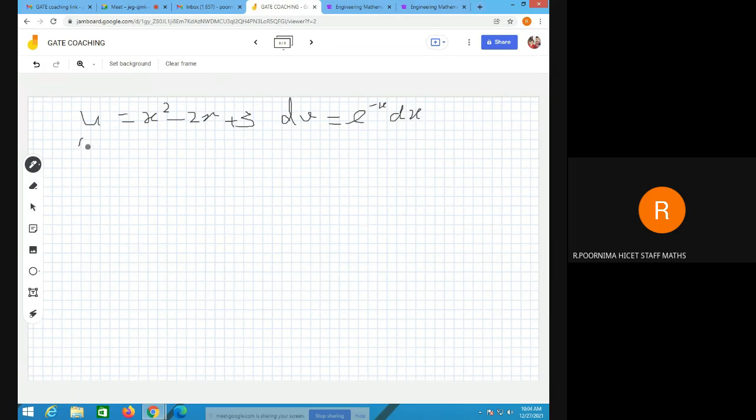So we need to differentiate u with respect to x. What is the differentiation of x square minus 2x plus 3 with respect to x? Can anyone tell me? Students, are you able to follow now?